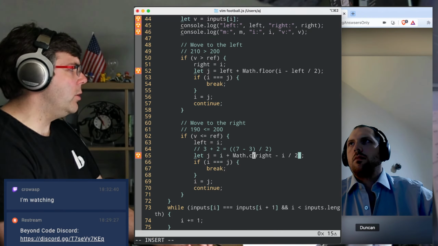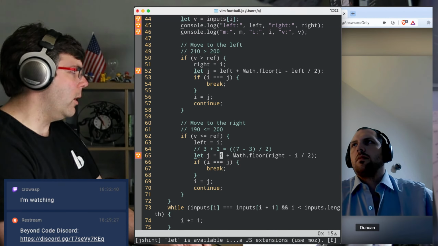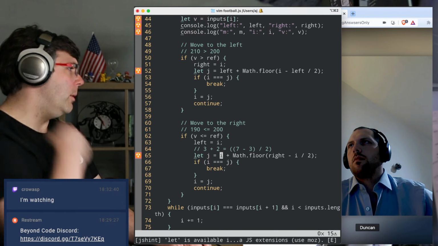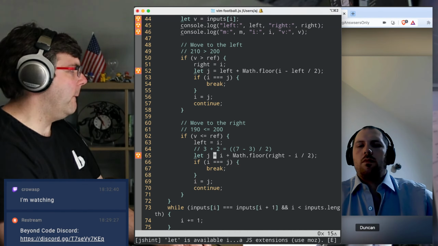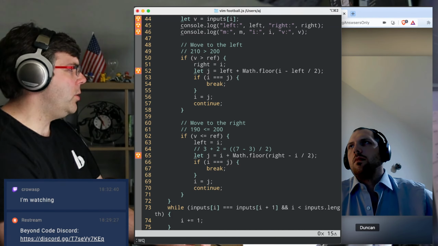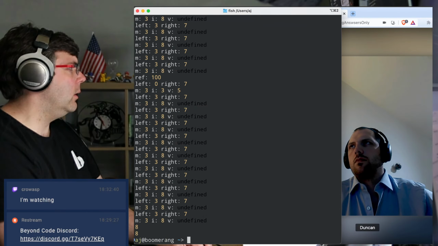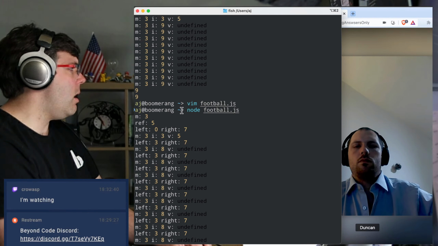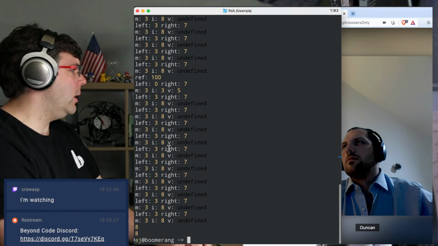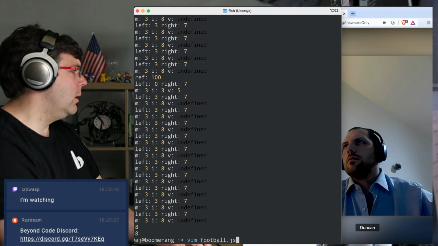Oh, I did do ceiling where I should still probably be doing floor. That's another problem. In which case, maybe... Okay, this looks a lot better. It's wrong. I think we're still getting bad values.